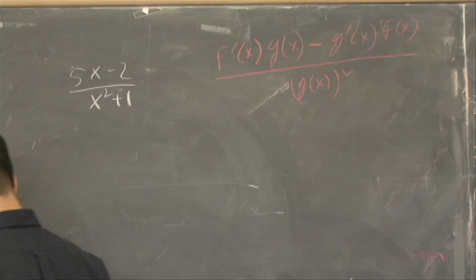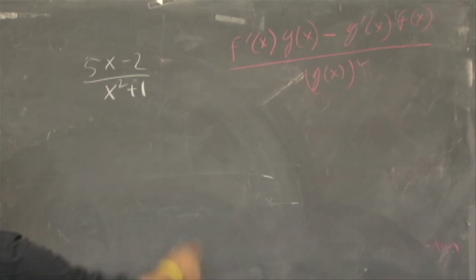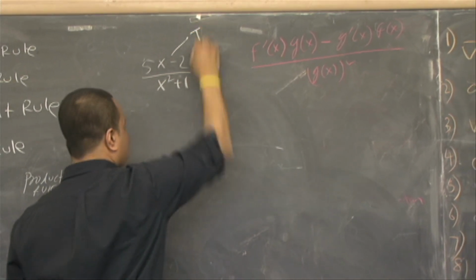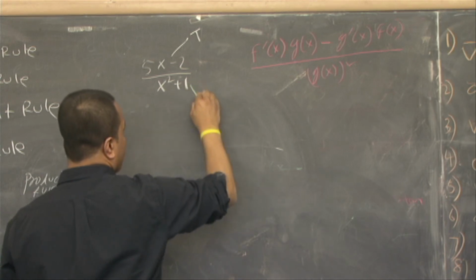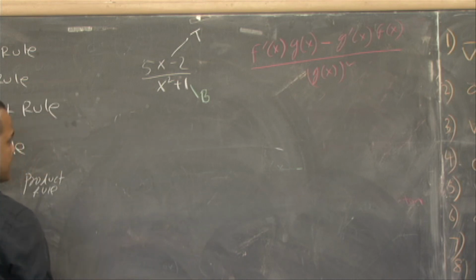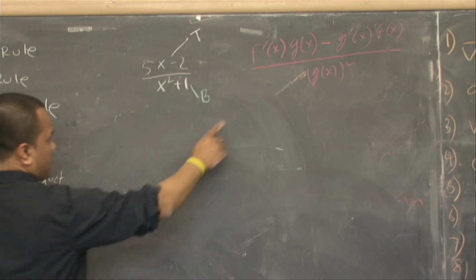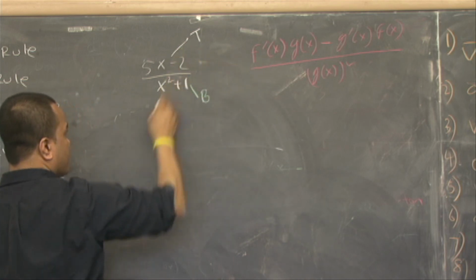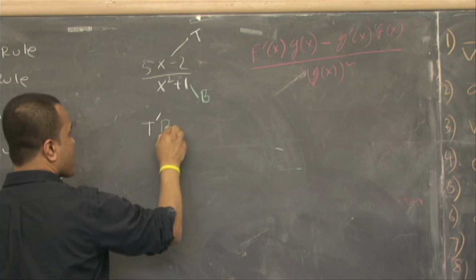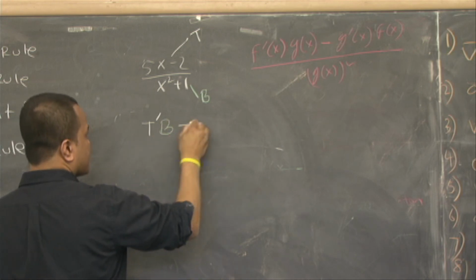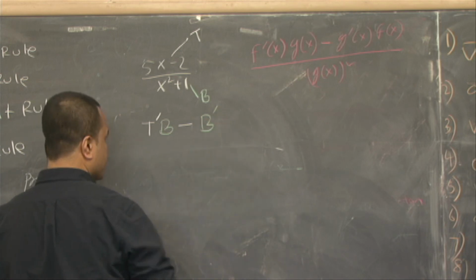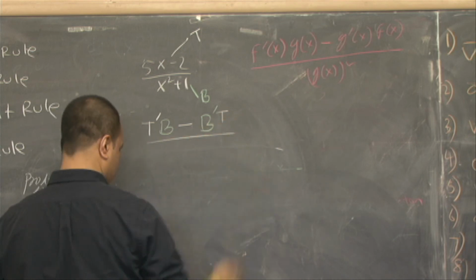All right. Now we can call this guy f of x, but we can call this guy top, and we can call this guy bottom. How does that help us? That helps us to memorize it. So now instead of calling it f prime of x, we can say derivative of top times bottom minus derivative of bottom times top over bottom squared.